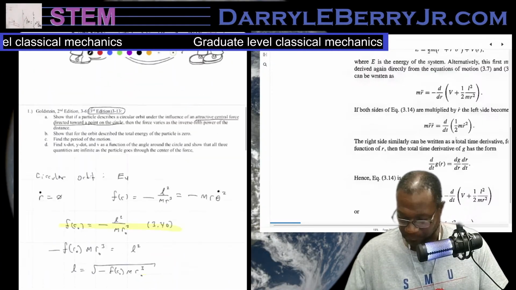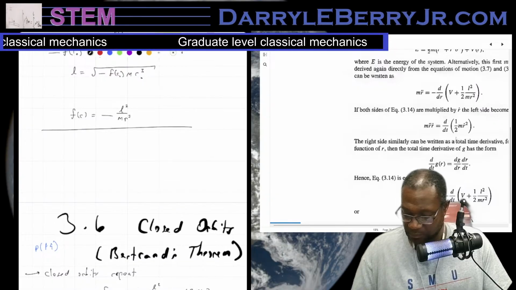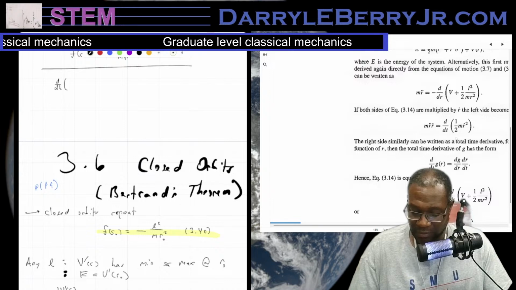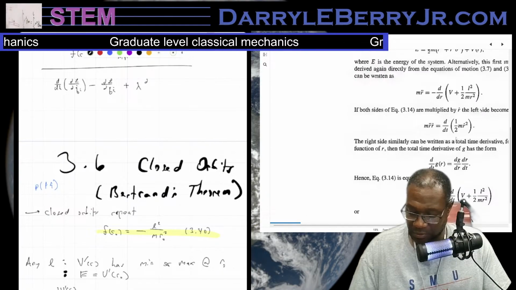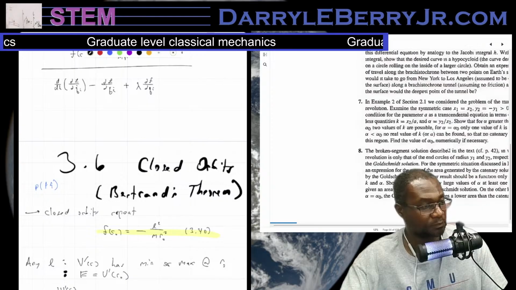So if I do a Lagrangian with multipliers, it'll end up being d dt of partial L over partial q dot i, minus partial L over partial q i, and then plus lambda partial f over partial q i. Is it q i or q dot i? Let me remind myself.